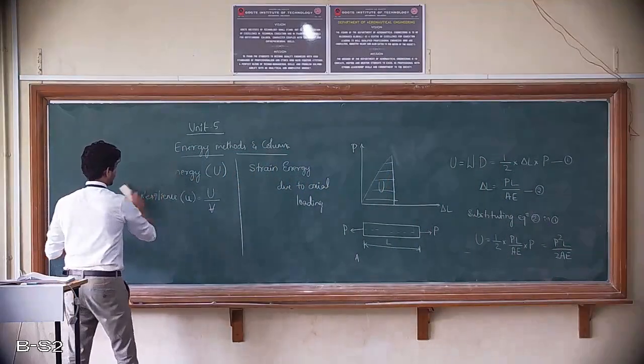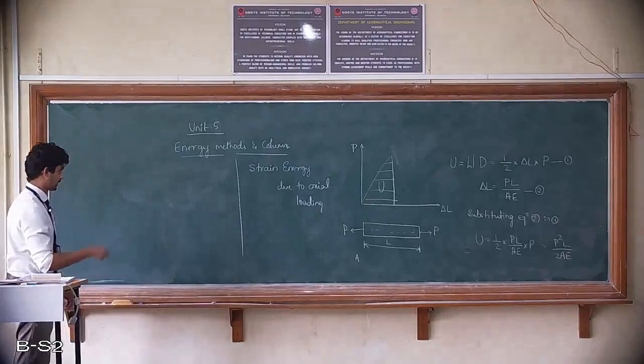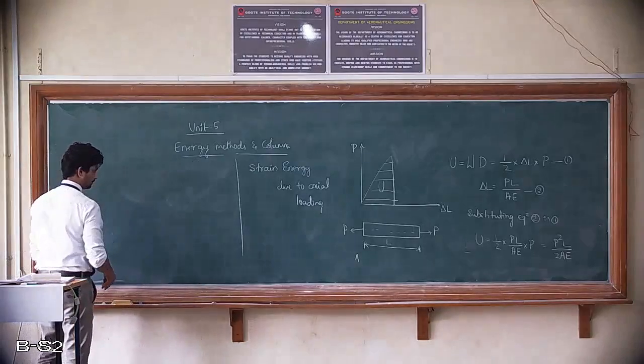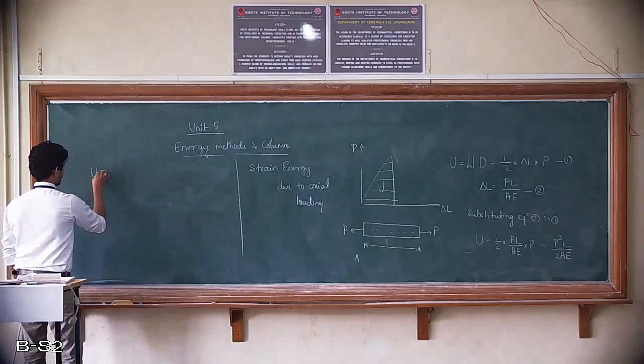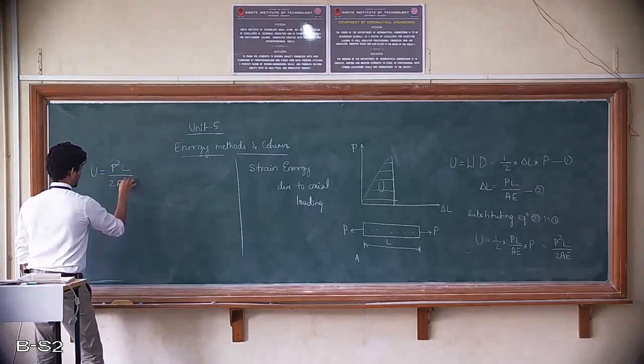Let us rewrite the possible forms of the strain energy equation due to axial loading. That is U equal to P square L divided by 2AE.